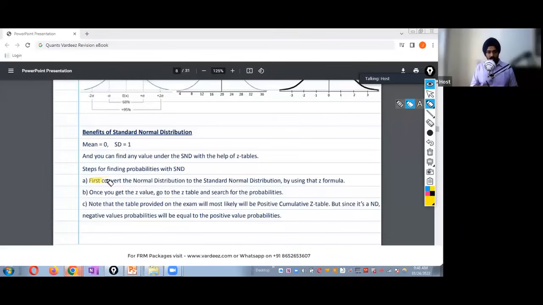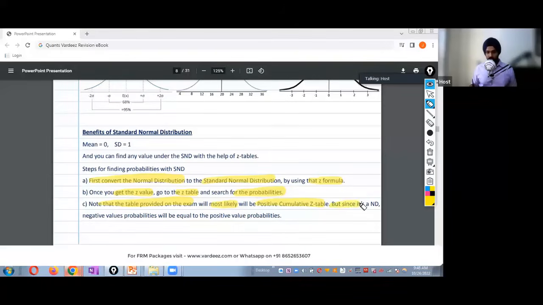First, convert your normal distribution to the standard normal by using the Z formula, which we have seen. Once you get your Z value, go to the Z table and search for the probabilities. Make sure that the table provided on the exam will most likely be a positive cumulative, which is what we saw.